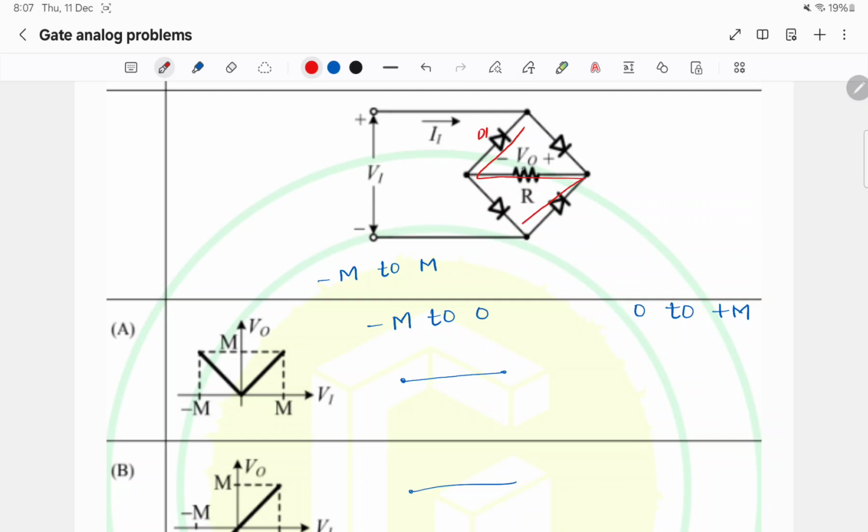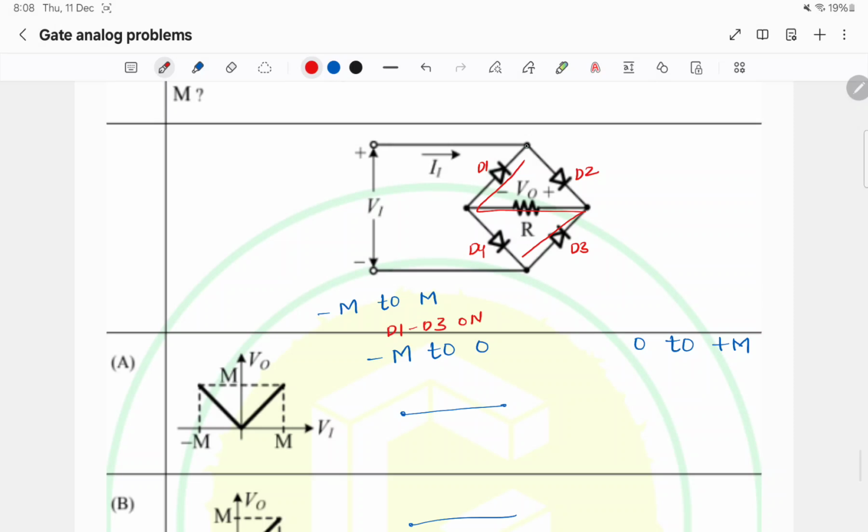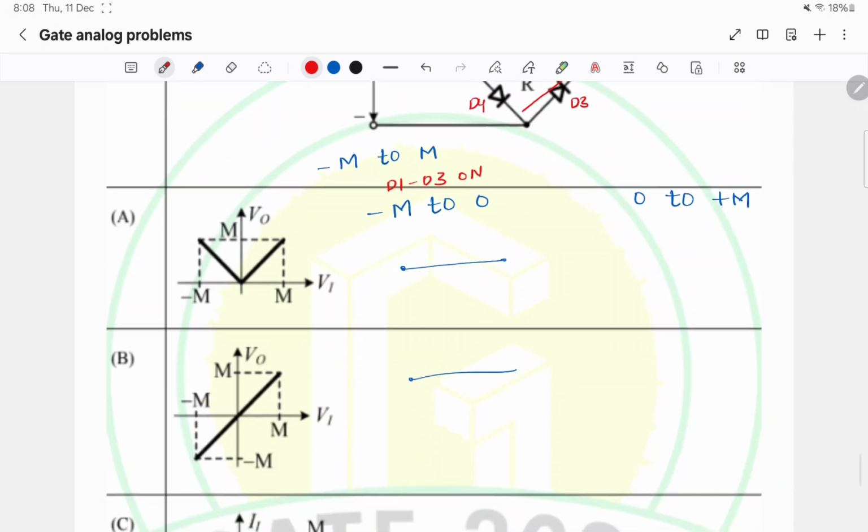These two diodes will conduct, D1, D3, let us say D2, D4. D1, D3 on, because it is a negative potential and this is positive than this, so Vp will be higher than Vn for this diode. This will conduct. Similarly, this diode will conduct.